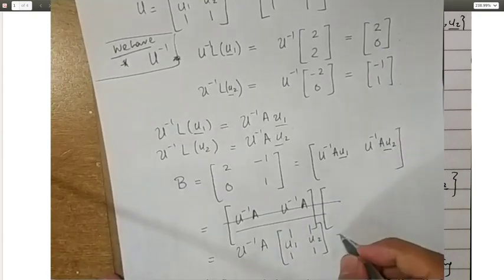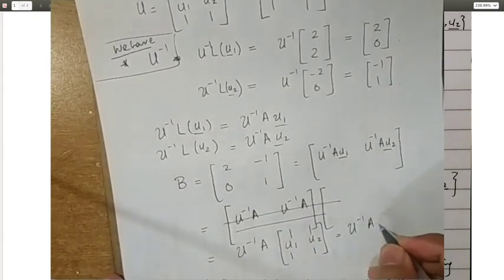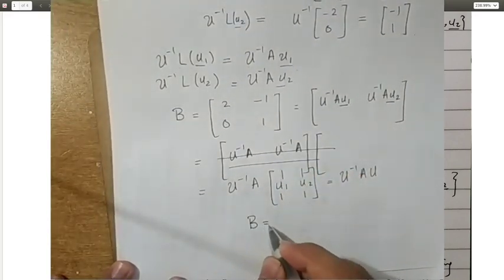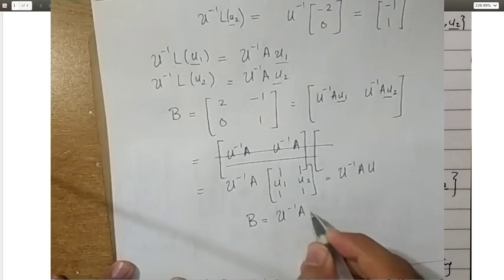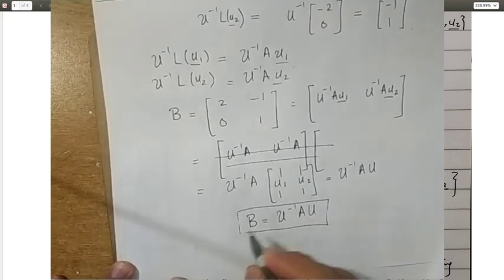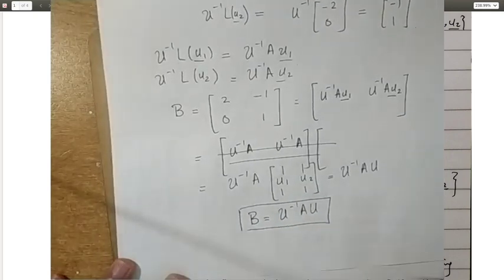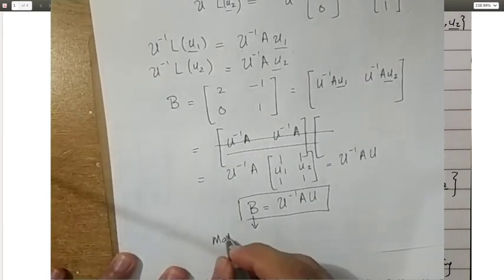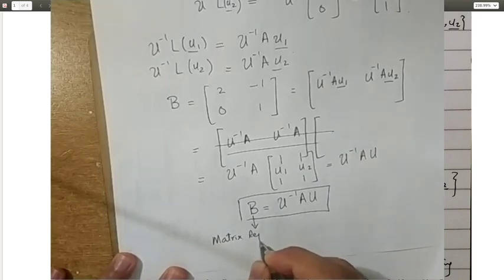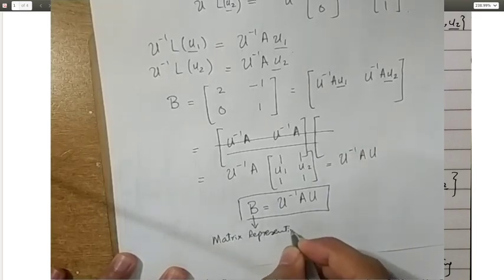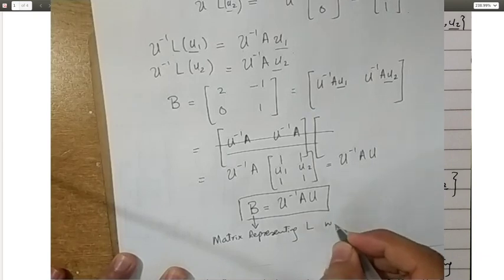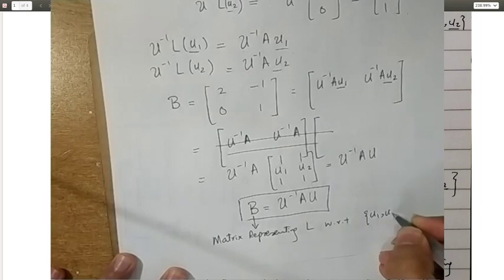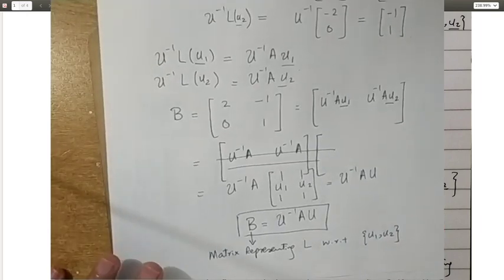So this was actually just U inverse A U. So you've written B is equal to U inverse A times U, where B is the matrix representing L with respect to U1 and U2. All right.